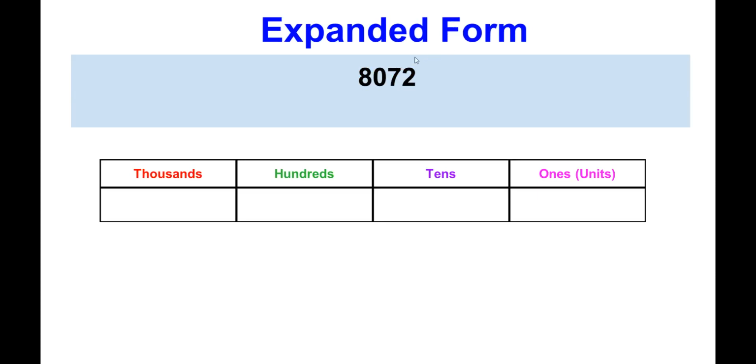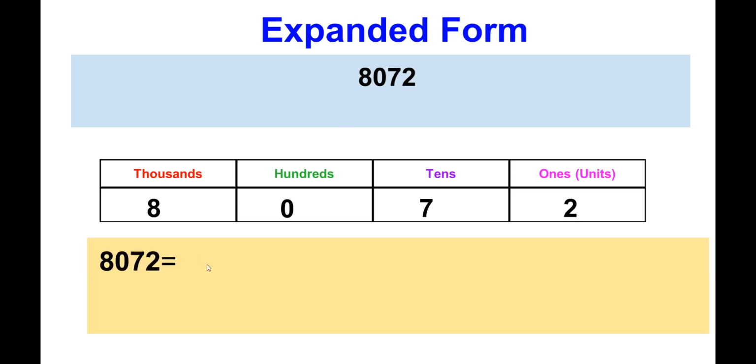Now, place value is very important for us to be able to do the expanded form of a number. Here is a number, 8,072. I first place each digit in the correct place value. So I have 2 ones, 7 tens, 0 hundreds, and 8 thousands. Now, for me to do the expanded form, all I need to do is write it out.